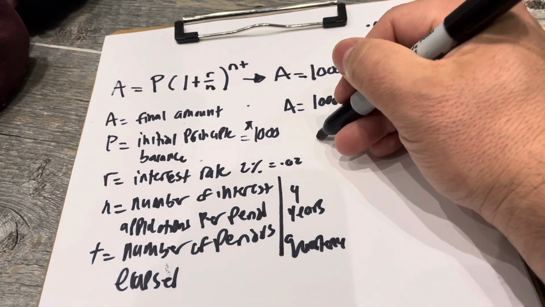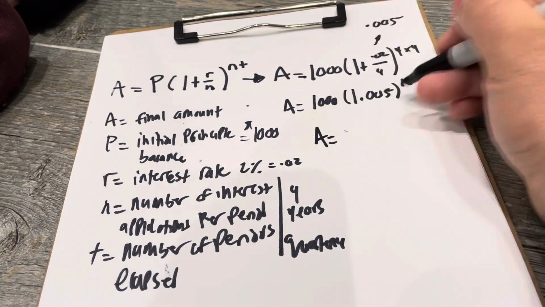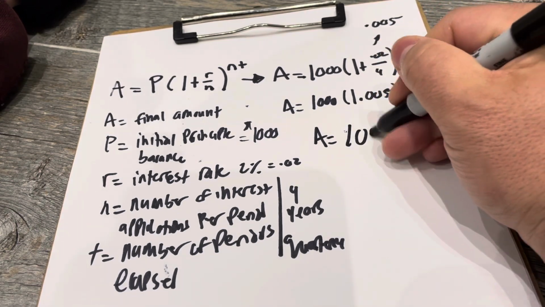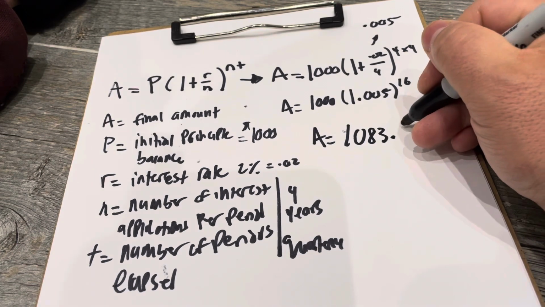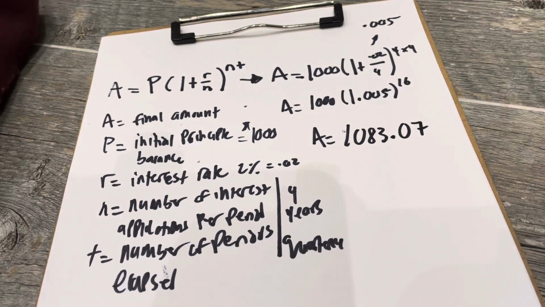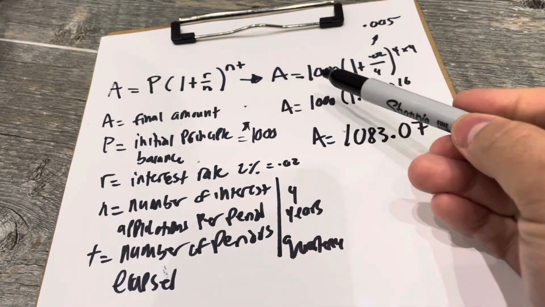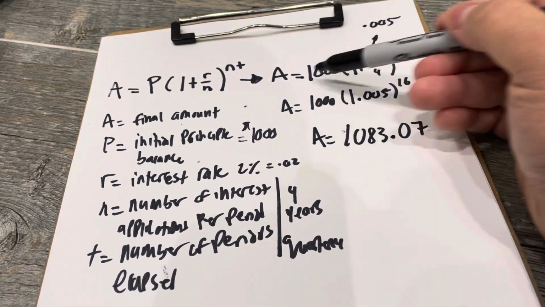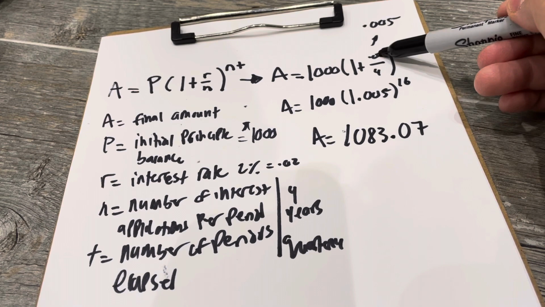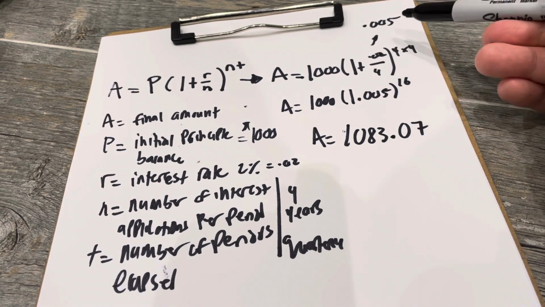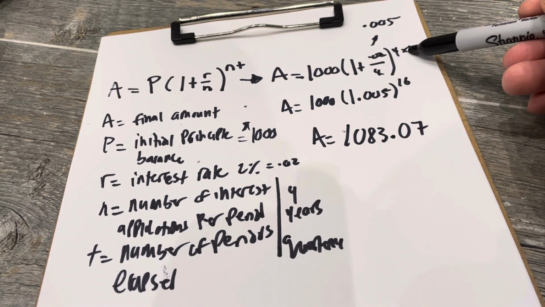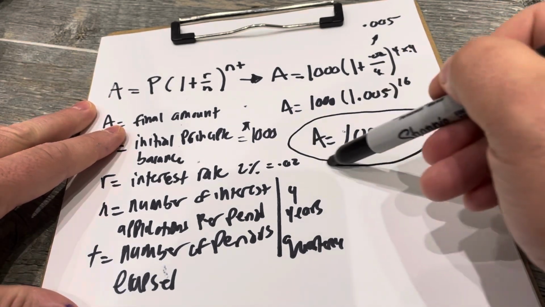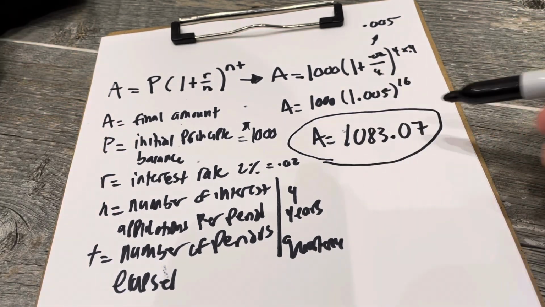I've already input it into a calculator, and our A, when I do this equation, is going to be $1,083.07. So basically, with $1,000 at 2% interest compounded quarterly over 4 years, when you're done with the compound interest, your final amount is going to be $1,083.07.